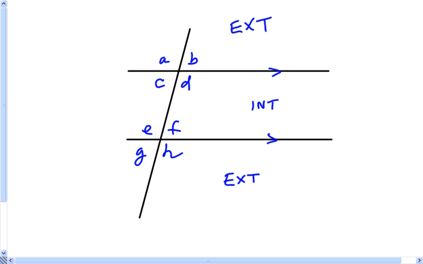But we have some more angles that are the same here. If you look closely, you might notice that C and F look an awful lot alike. C and F are known as alternate interior angles.